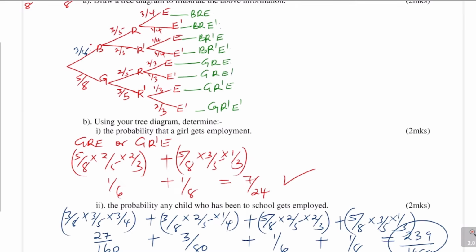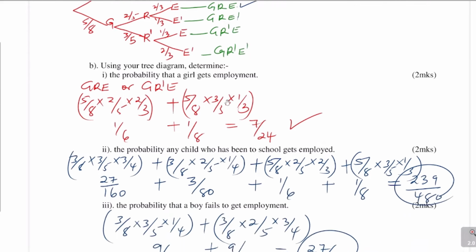Boy reaches Form 4, gets employment, then girl reaches Form 4, gets employment. Those are the two you're going to follow. So you're going to take this product, 3/8 times 3/5 times 3/4, or 5/8 times 2/5 times 2/3. That is what you're going to do.